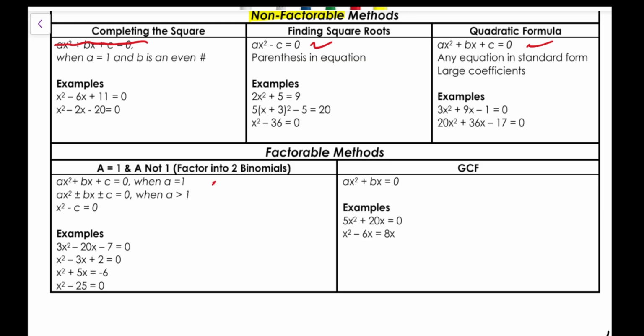Okay, those are usually fairly simple. Also, you might have a special pattern. Or if a is not equal to 1, you use what we call the X box method. And of course, if there's a GCF, you always want to take the GCF out.